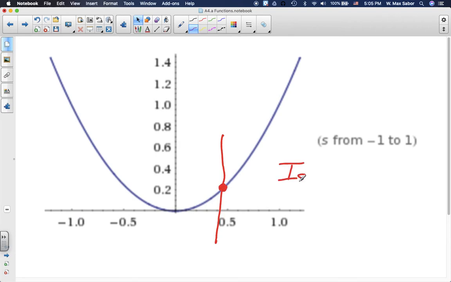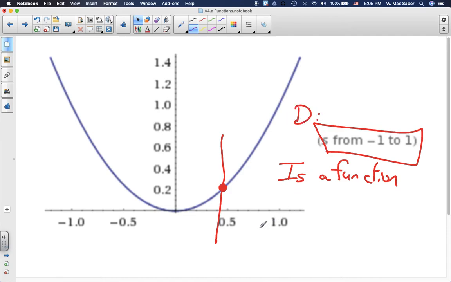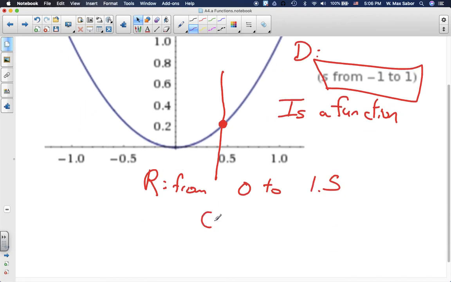So it is a function. The domain is from -1 to 1, so that's the domain. And then the range, it appears that that's going to about 1.5, from 0 to 1.5. Usually you'll see this written as 0 is less than or equal to y is less than or equal to 1.5.